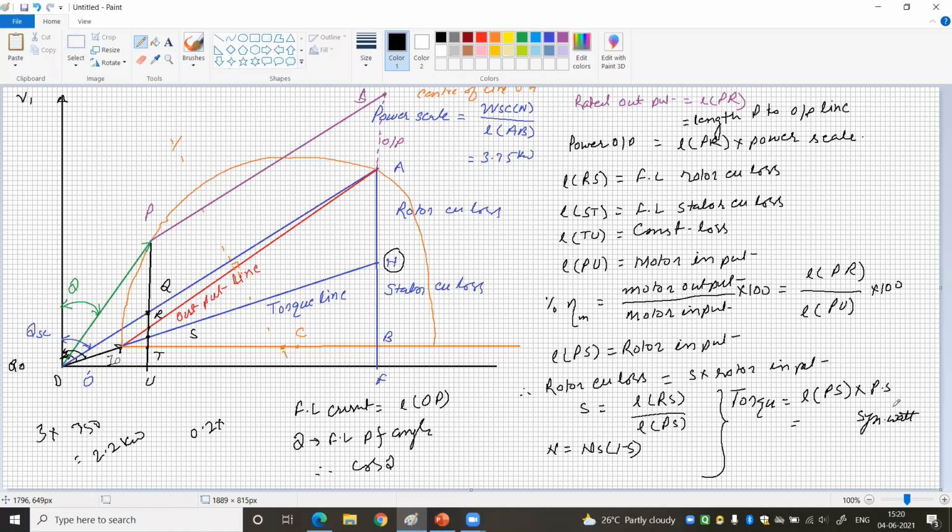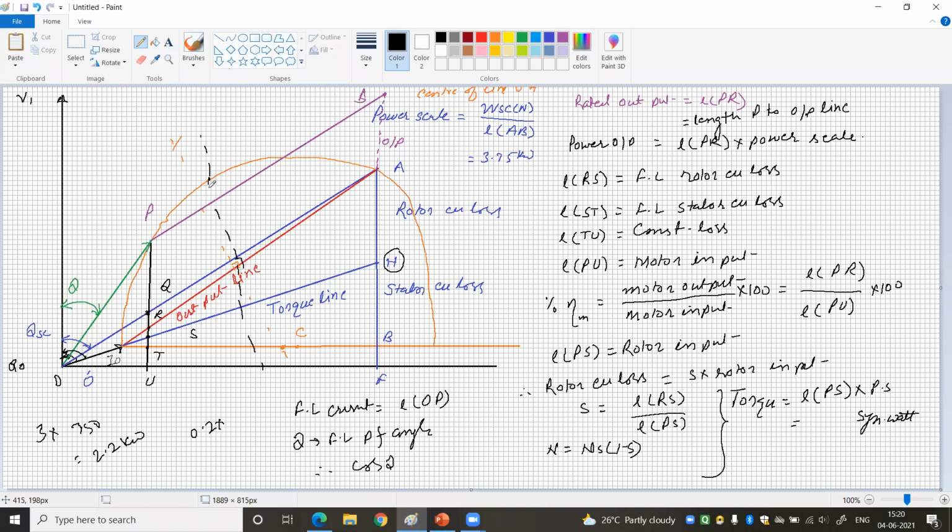So we can calculate that. Similarly, for the maximum torque, take the center of the torque line and draw a 90 degree line with the torque line. The line passing from the center and making a tangent to the torque line intersects the circle.